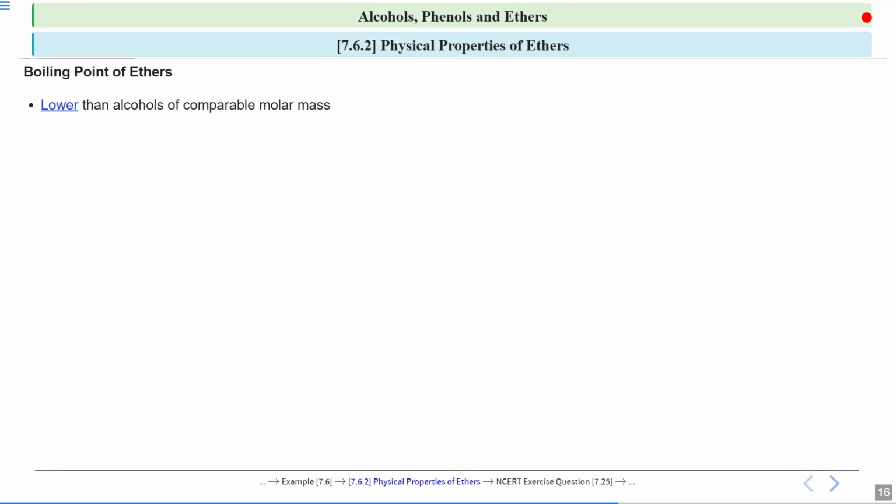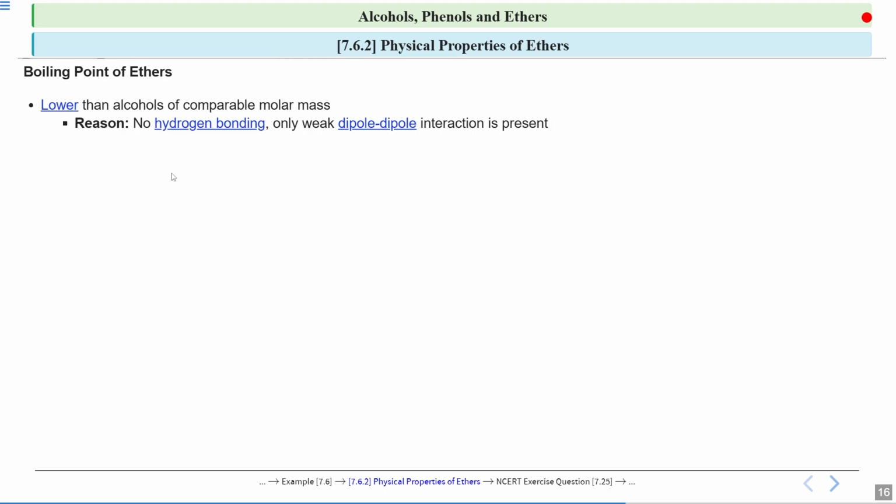Now we'll talk about the boiling point of ethers. The boiling point of ethers is lower than that of alcohols of comparable molar mass. If you take molecules which have comparable molar mass and compare the boiling points of alcohols and ethers, then ethers have a lower boiling point compared to alcohols.